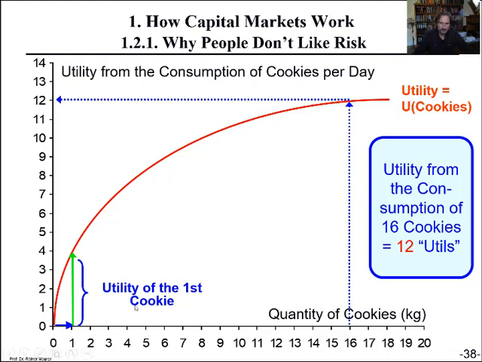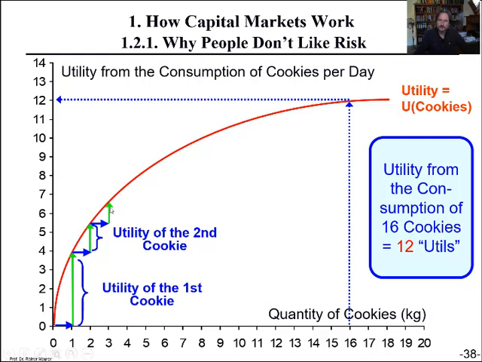The second kilogram of cookies provides an additional utility of roughly 1.5 utility units. And the third kilogram of cookies would provide, roughly speaking, 1 additional unit of utility. So we have 4, 1.5 and 1.